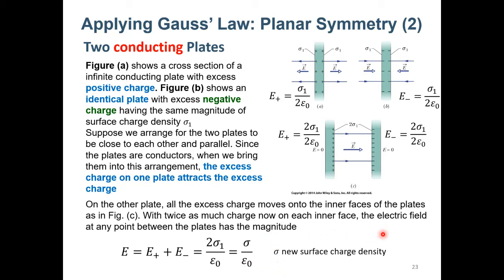And we define the new surface charge density sigma, so we do not call it 2 sigma 1 anymore. We call it sigma, which means that sigma equals 2 sigma 1, which is the new charge density. So it turns out E will be sigma over epsilon 0. This structure will appear in chapter 25, which is actually a capacitor.